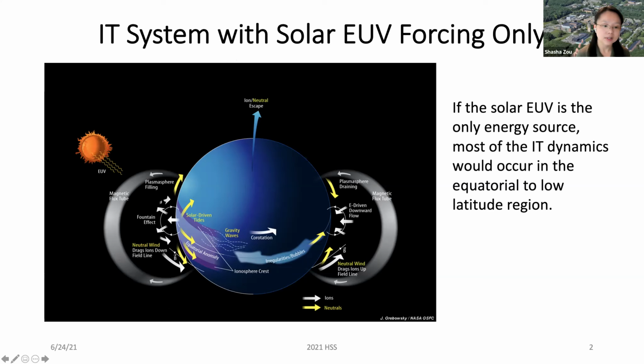On the day side, near the equator, in the E region, there is an enhanced ionization area due to the solar radiation, right? And there is another effect called the Cowling effect. Some of you may have heard about that. That is an effect that could amplify the conductance in that region.